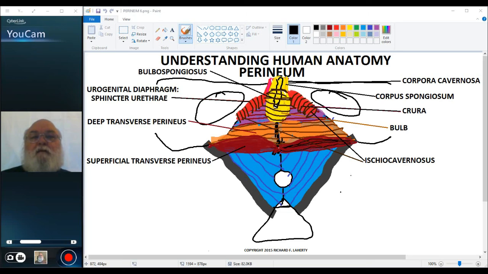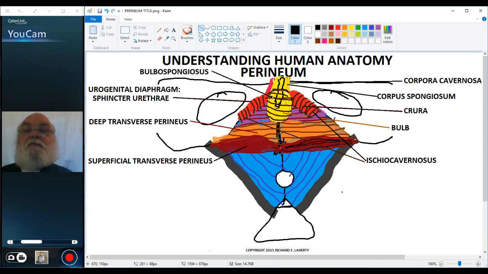We have the paired ischiocavernosus muscles that surround each of the crura, and they function to squeeze the crura to force blood out of the crura and into the corpora cavernosa, thus increasing the potency of the erection.